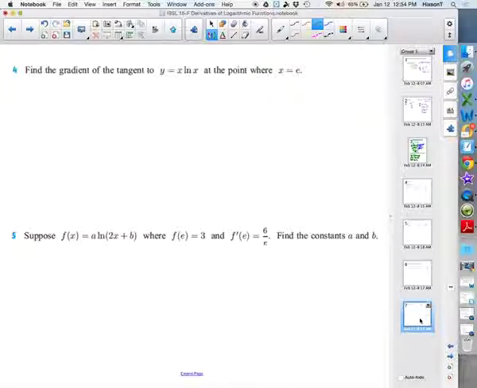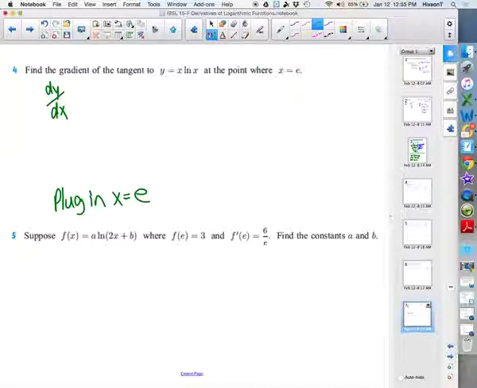When they say the gradient of the tangent, anytime you even hear the word tangent, think derivative. So we're finding the derivative, and then what are we doing? Plugging in e. So that's this whole problem here. Find the derivative, and then plug in x equals e.